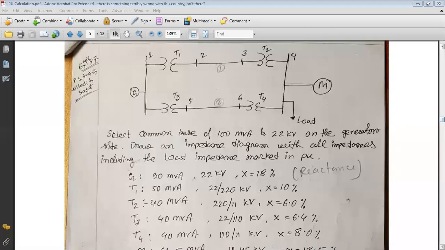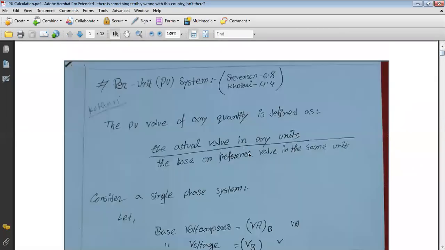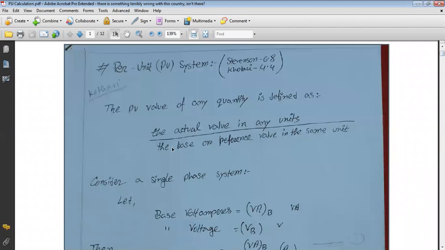At first, this is the basic equation or basic definition of per unit calculation. That is, if we want to calculate the per unit value of a quantity, then we have to divide the real value of the quantity by the base value or reference value in the same unit of the quantity.